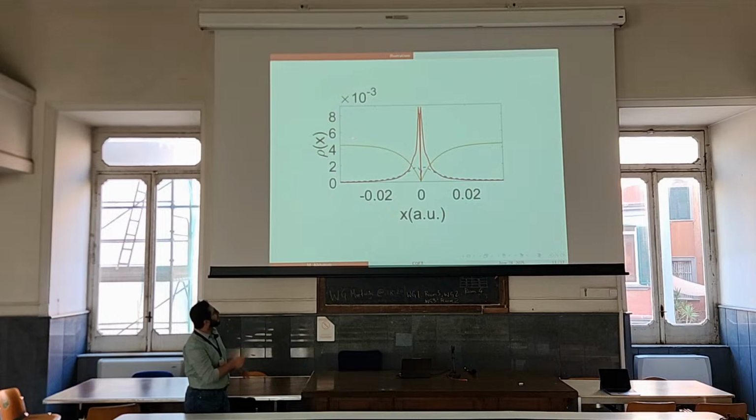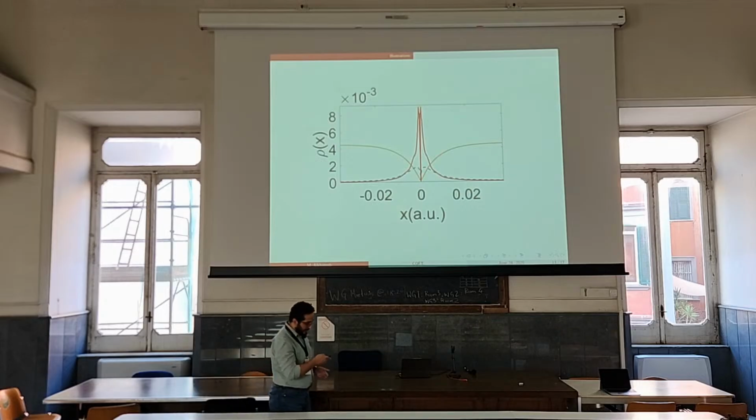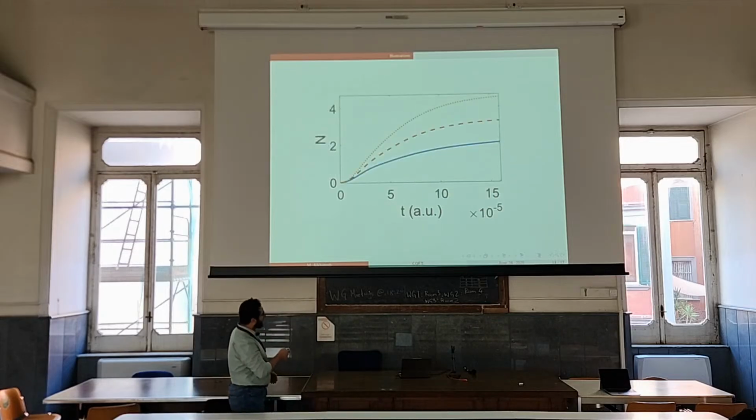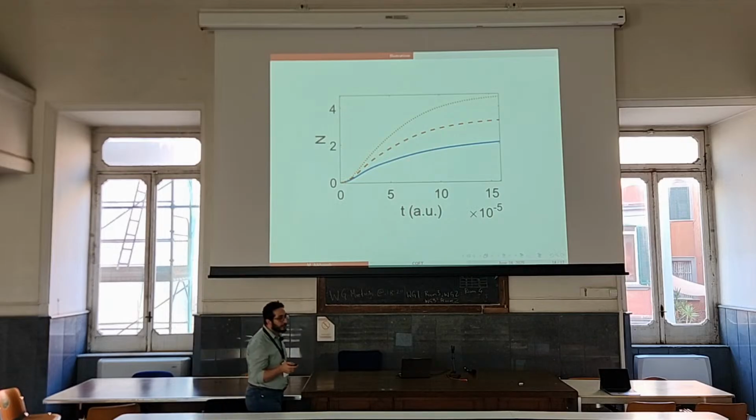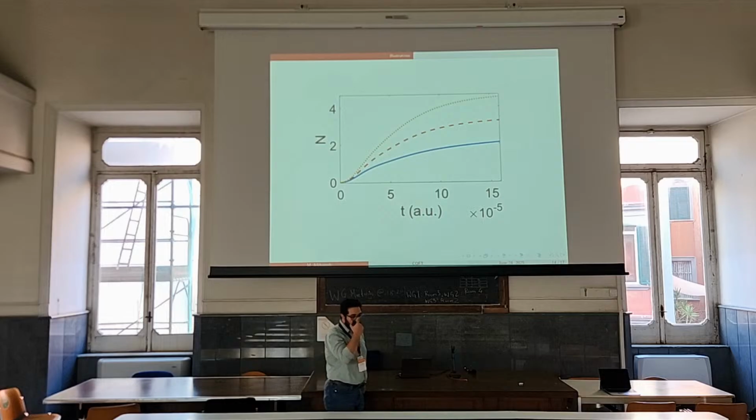This number was obtained only because of introducing this curvature in space-time, without any potential. And then we can compare the growth of the numbers with different widths of the curvature.